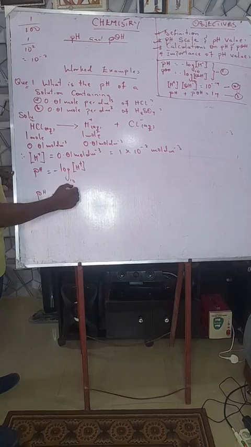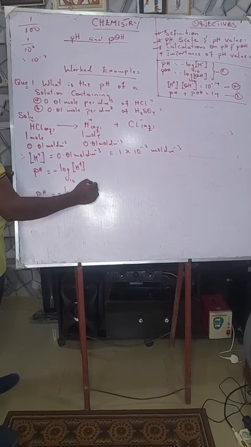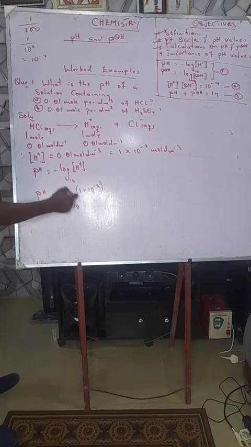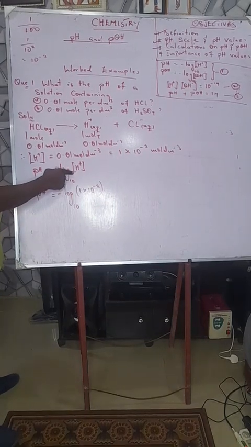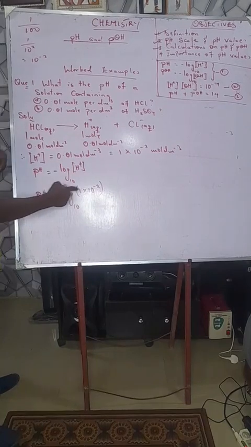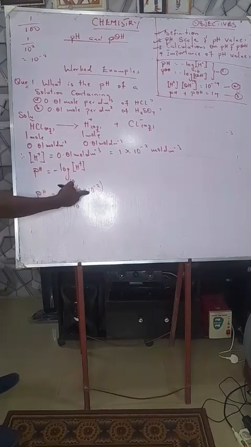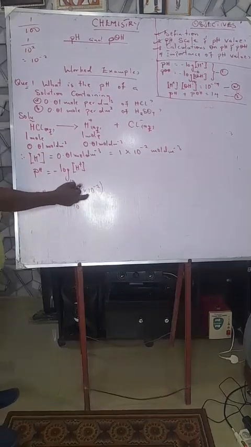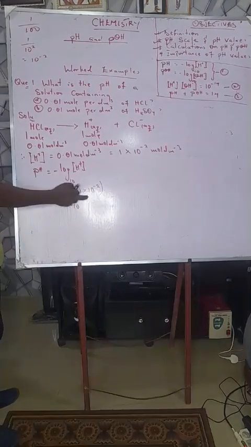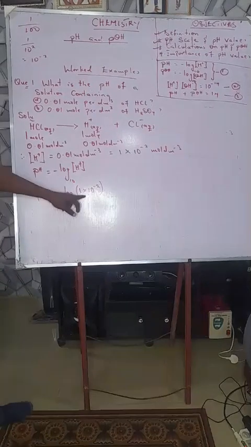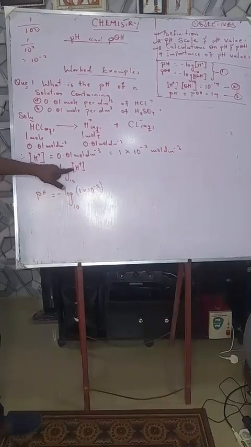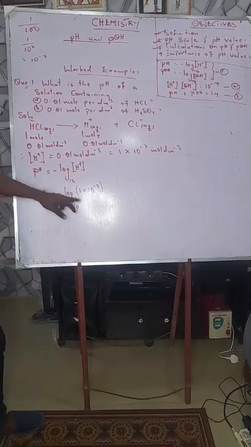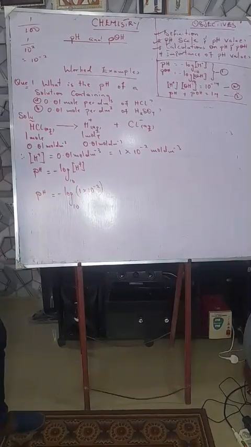It is 1 times 10 raised to the power of minus 2. Look at it, I'm no more using square bracket again. I'm using ordinary bracket because we have written the concentration value. The square bracket is only applicable when you are writing the concentration. The value is the concentration.